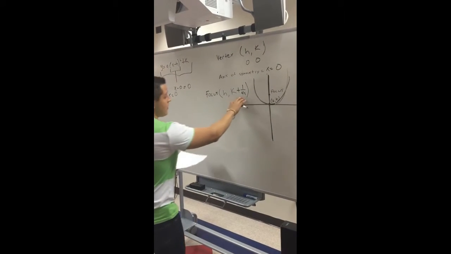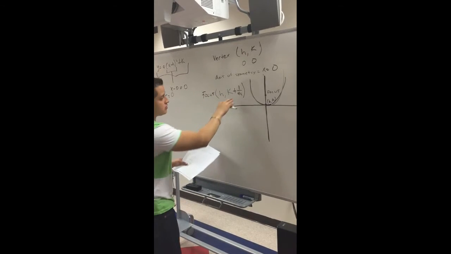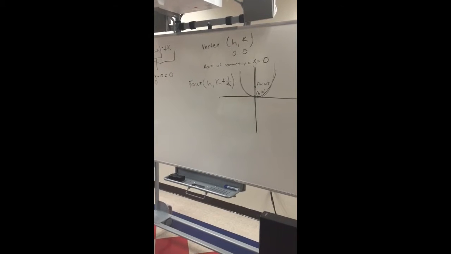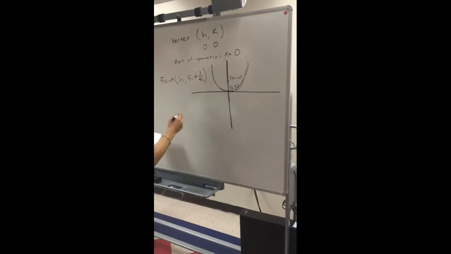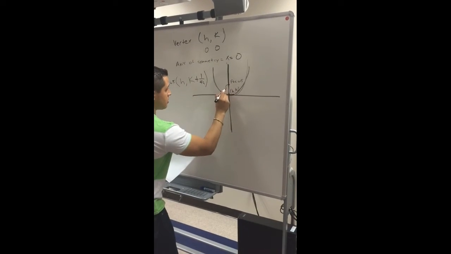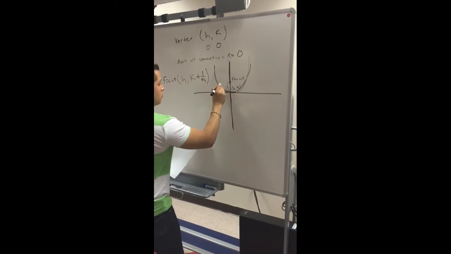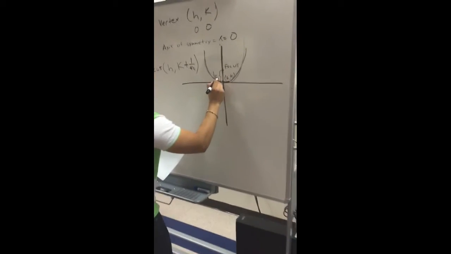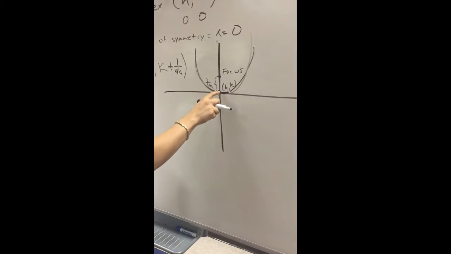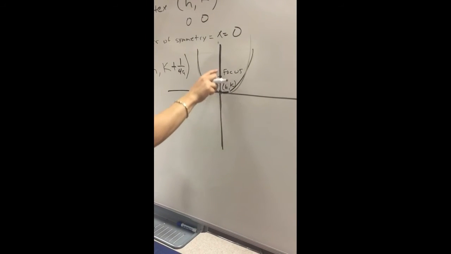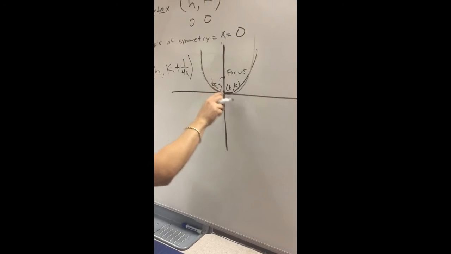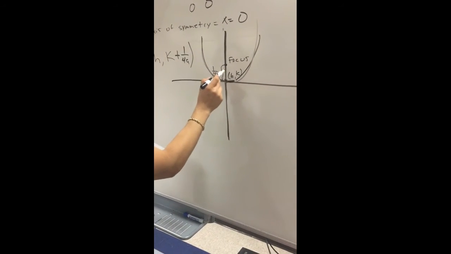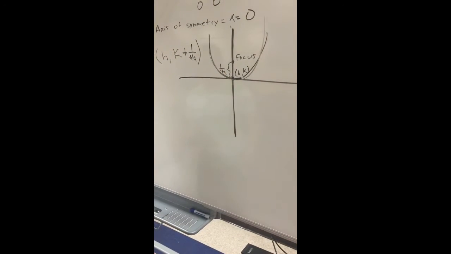So the 1 over 4 is going to be constant. That's always the way that you're going to solve for the focus. The distance from here to here is going to be 1 over 4a. So it's going to be k plus 1 over 4a, and it's going to give you the focus.